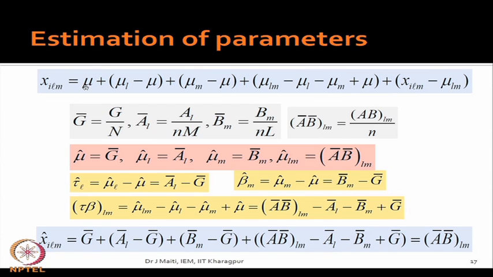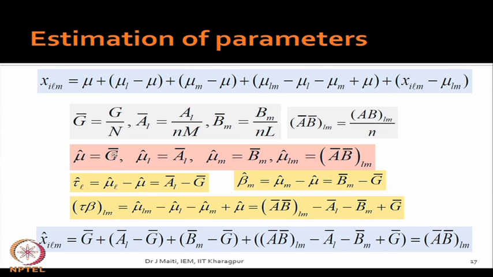So, this first one is grand mean, second one is A effect, third one is B effect, fourth one is AB, that is interaction effect, last one is error. So, this one we are writing in the same manner. So, grand mean G by N. Now, A effect, A_l bar is A_l by nm, B_m bar is B_m by capital N_l, then AB bar_lm is AB_lm by small n.